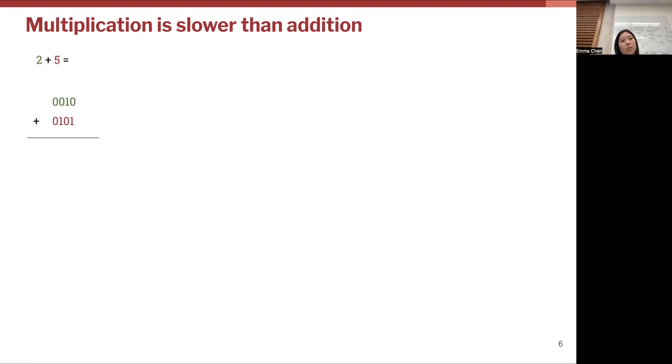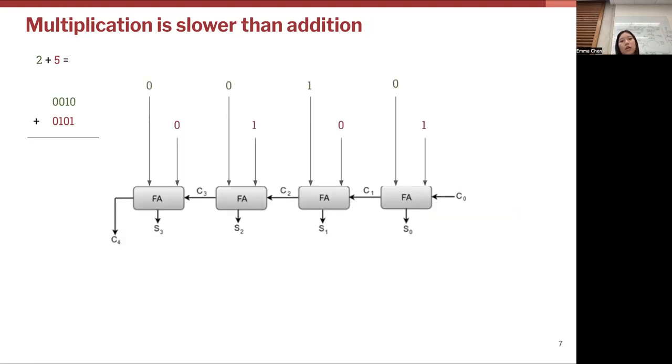Everything is binary, so we're going to do this binary addition in a computer. What you're seeing here, you can imagine that each of the lines is a wire, and then you have this FA, I think they're called full adders, or just treat them as some magic electronic components.